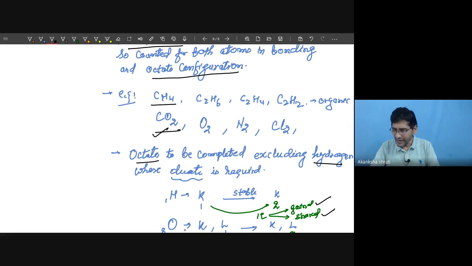The other electron will be shared by another element, maybe carbon like in CH4, or the other hydrogen itself, or the chlorine. We are going to understand those things in a bit more detail.